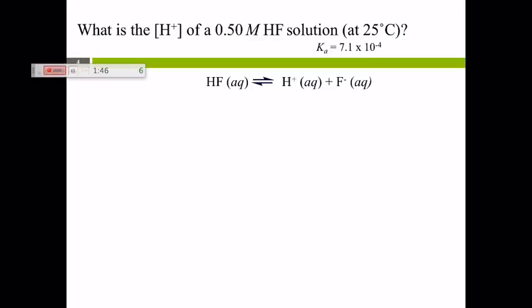Write out your K expression for this reaction. And then compare this number and see what you're going to have more of when all of the HF dissociates and equilibrium is reached.